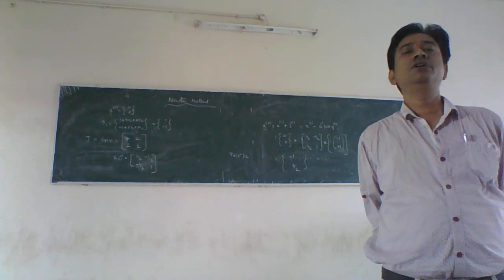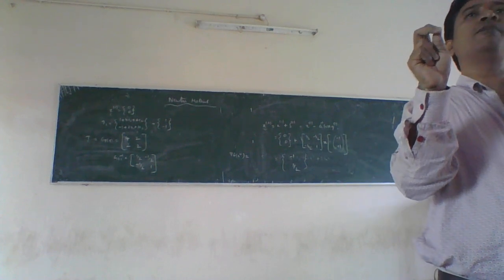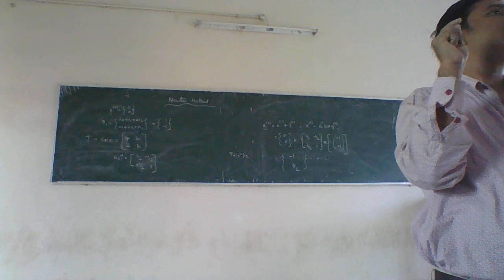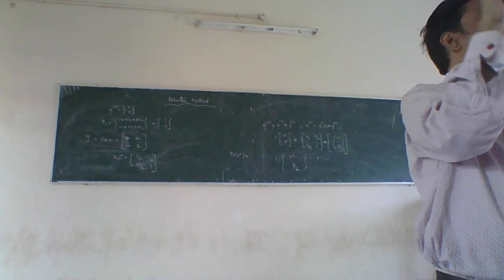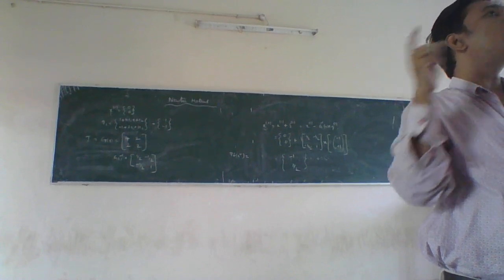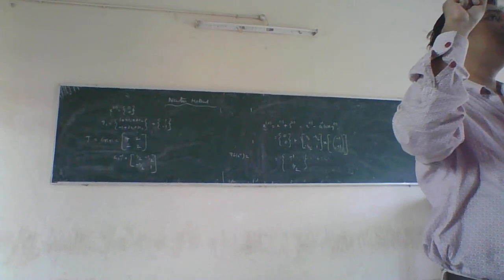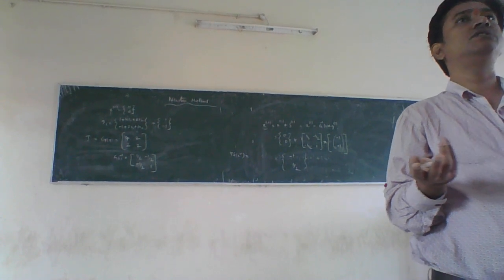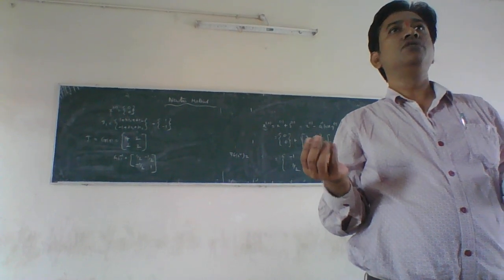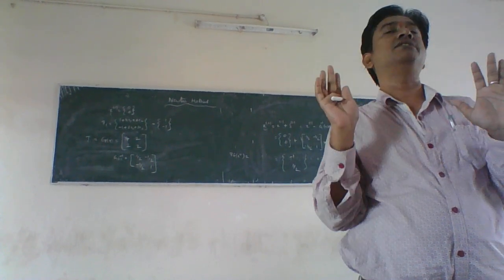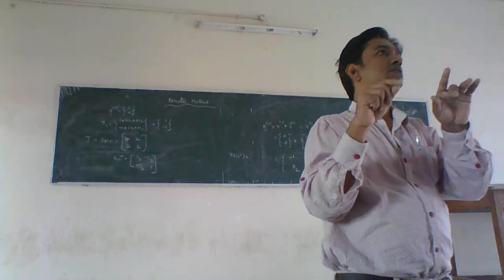Understood now? The only complication in Newton's method lies in calculating the capital G inverse, because many people fail to calculate the inverse part. Nothing else. This problem was given with only one iteration in the end exam. After estimating x2, your del f2 becomes 0. So what is the problem in this method? Calculating the G inverse part. What is capital G?